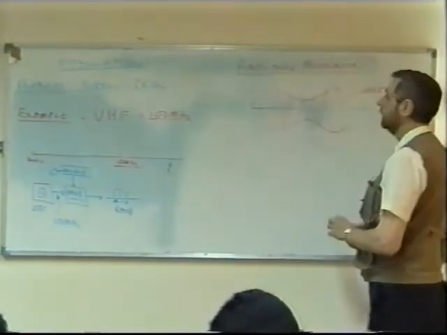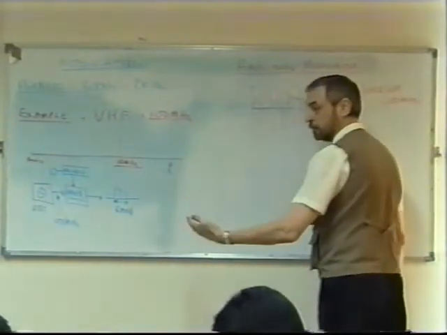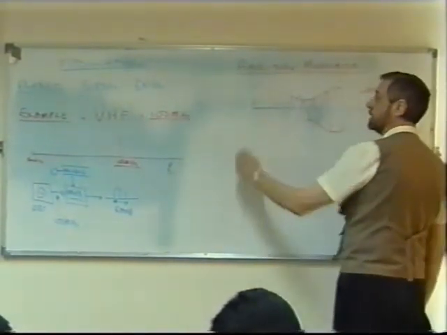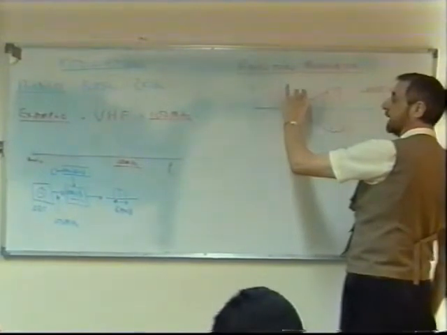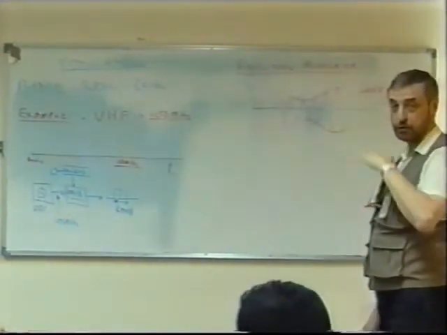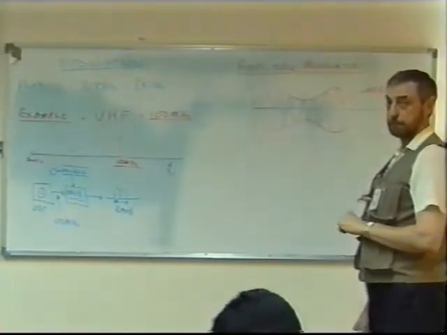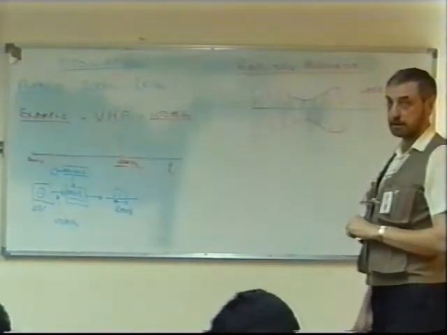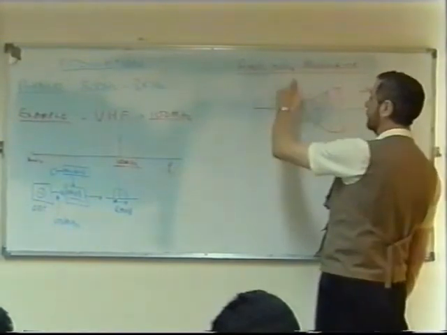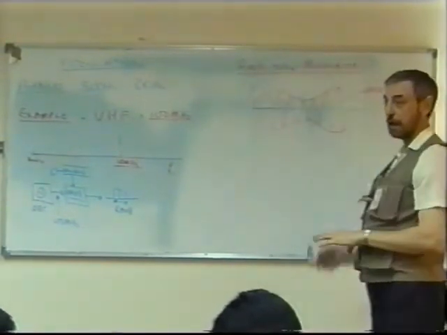Now, when we speak into the microphone and we produce audio frequencies, we change the amplitude of that carrier according to the amplitude of the audio wave. This is the modulation, the amplitude modulation.